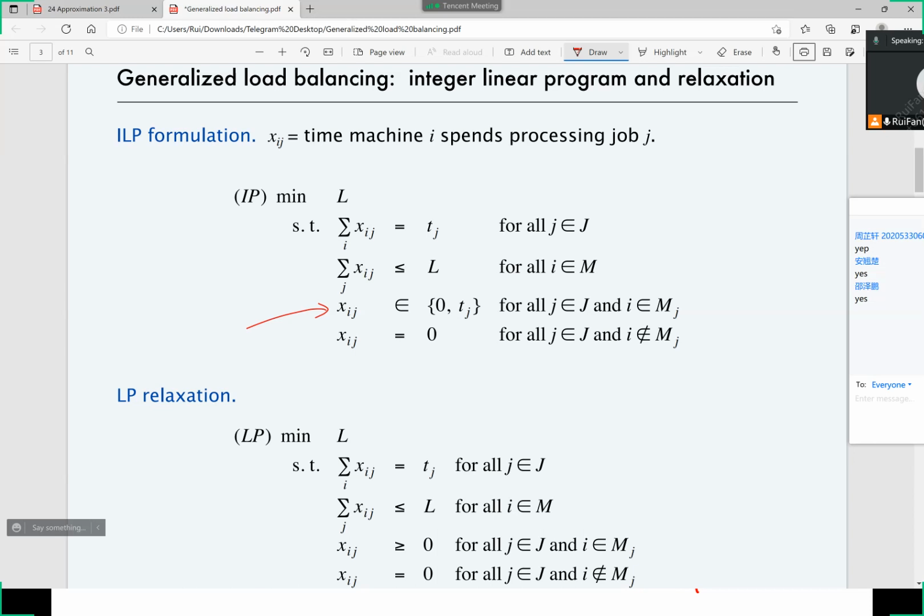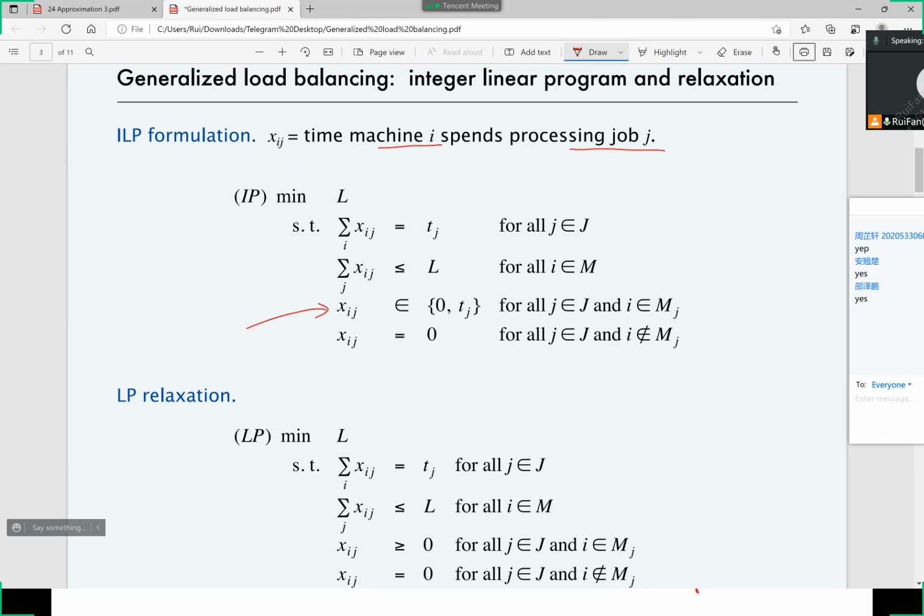Okay, all right, so first of all, how do we express this as an ILP? So what we do is like this. Xij here represents the amount of time that machine i spends processing a job j. When you allocate these jobs, you have to give the entire job to one processor.